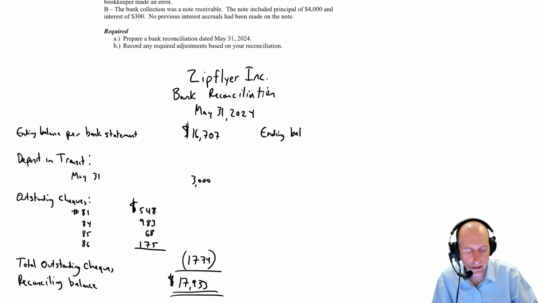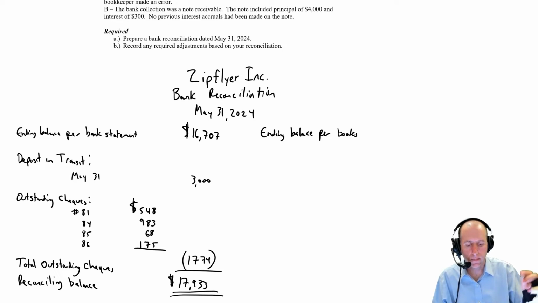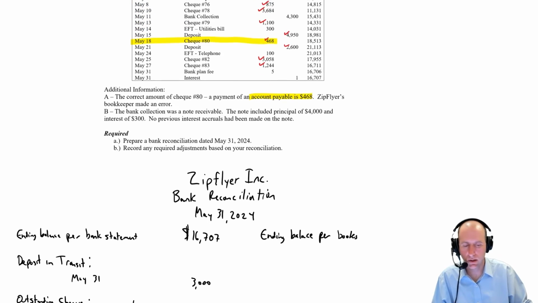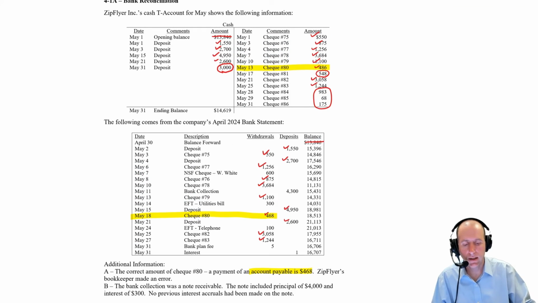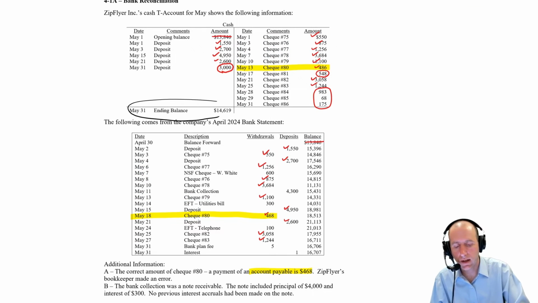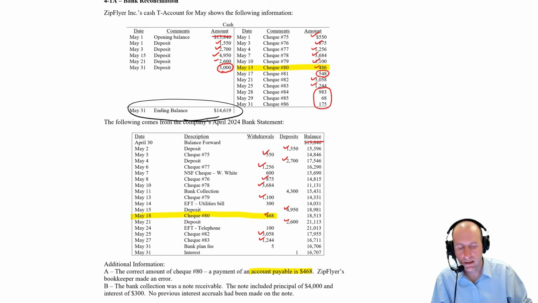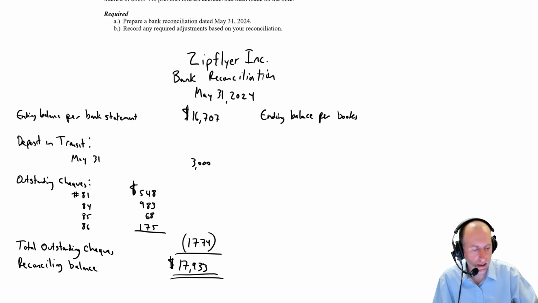Ending balance per books. We could say May 31st balance or whatever, just to make sure this lines up. But in any event, ending balance per books, just to be consistent between the two. And the ending balance according to our records is right there, 14,619.